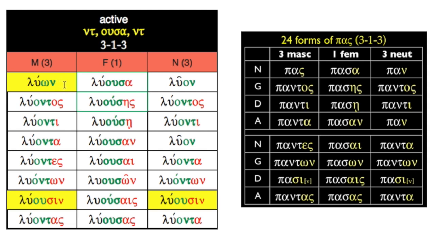Now, the dative plural in the masculine and neuter are a little odd, but we've seen that oddness before. Now you'll look over here, you'll notice I've given you pas as a place to compare. Pas is a 3-1-3 adjective. And this participle is behaving just like a 3-1-3 adjective. Please look at the endings.